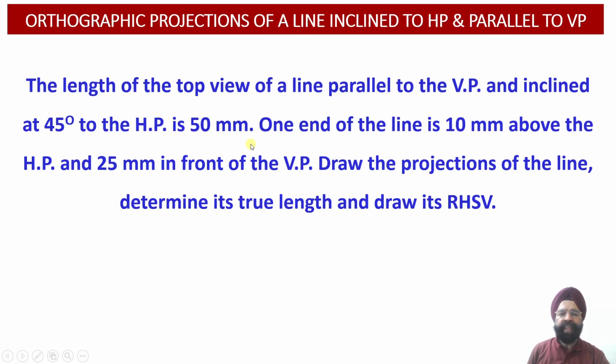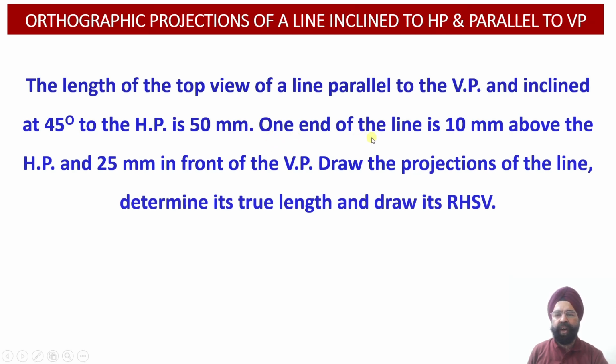So here this apparent length has been given to us as 50 millimeter, and the line happens to be parallel to the vertical plane and inclined to the horizontal plane at an angle of 45 degrees. We are also provided with the coordinate location of one of the ends of the line.